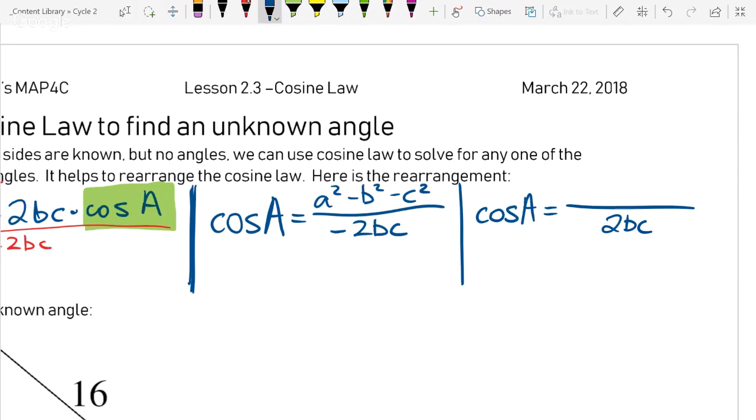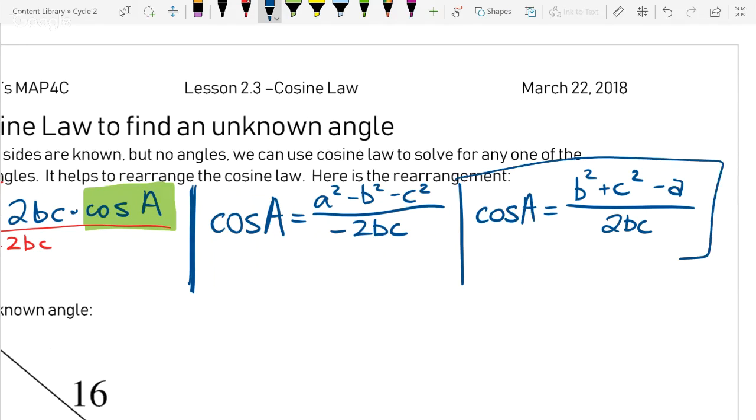So the b squared, which was negative, is going to be positive. And the c squared, which was negative, is going to be positive. And the a squared, that used to be positive, is going to be negative. And I moved it to the end just because I don't like to lead off with a negative number. I'd rather put the 2 positive things first and then put the subtraction at the end. That's just a nicer way to write it.